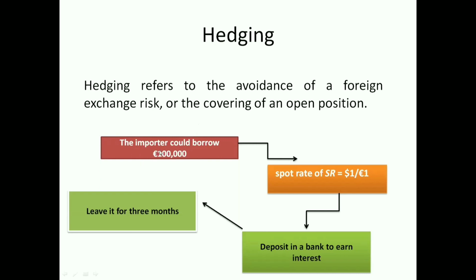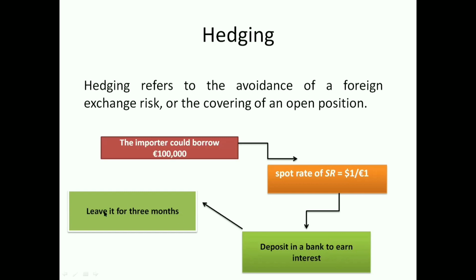So this importer could borrow today euro 1 lakh at the given spot rate of $1 per euro 1, and deposit this amount in a bank to earn some interest, and then leave it for 3 months.